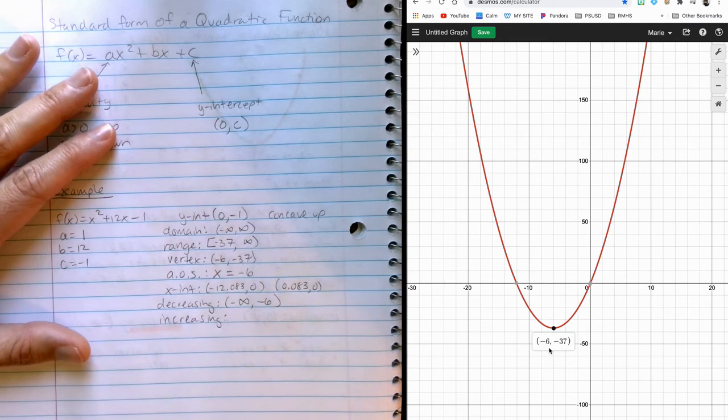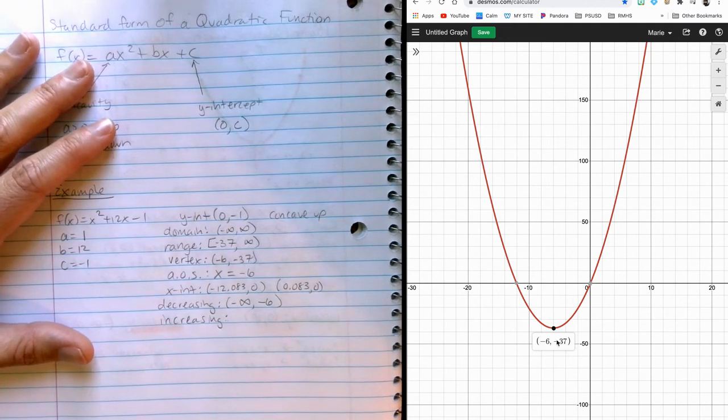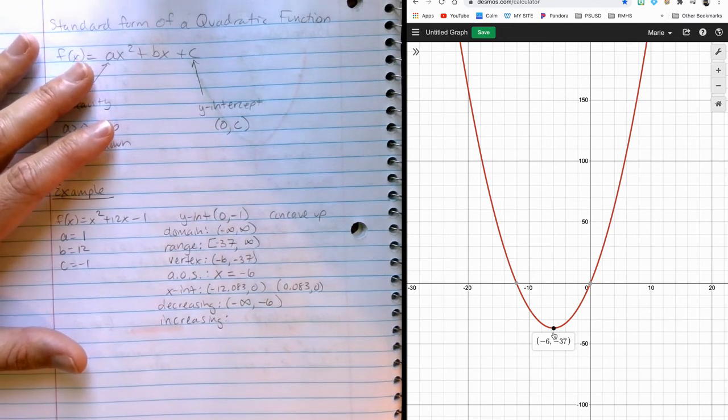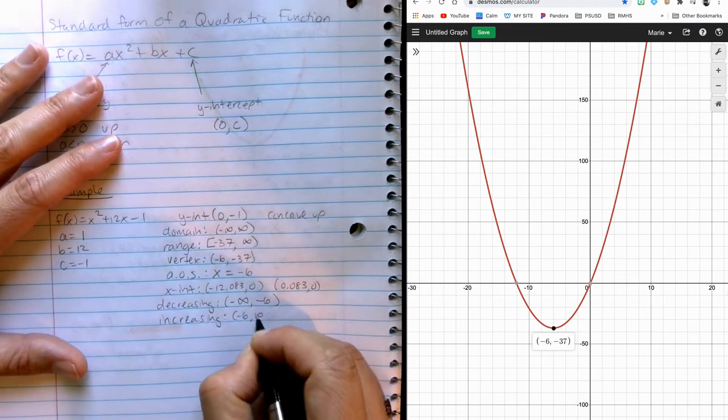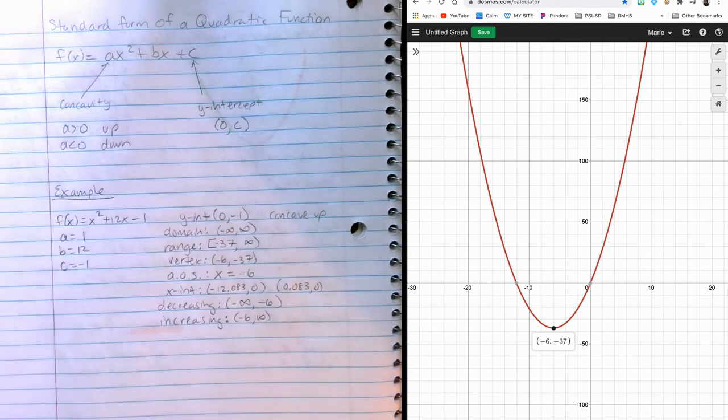Now it's increasing on the other side, from -6 to positive infinity. Okay, so there are our characteristics.